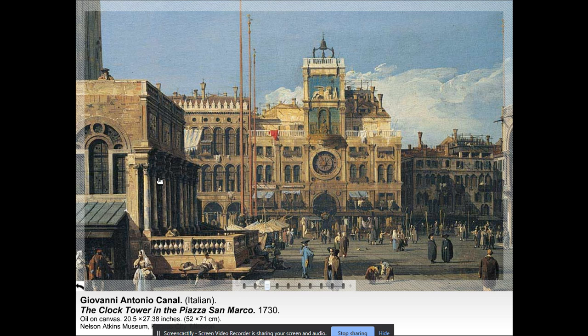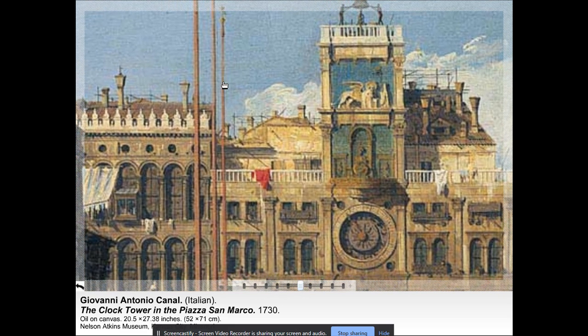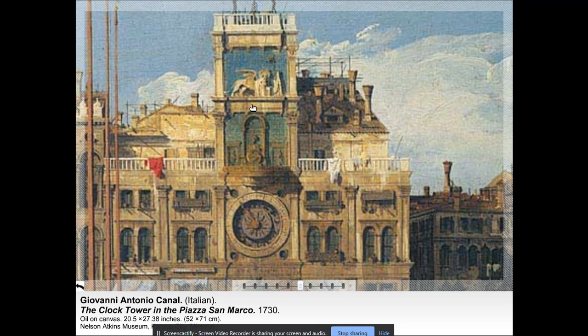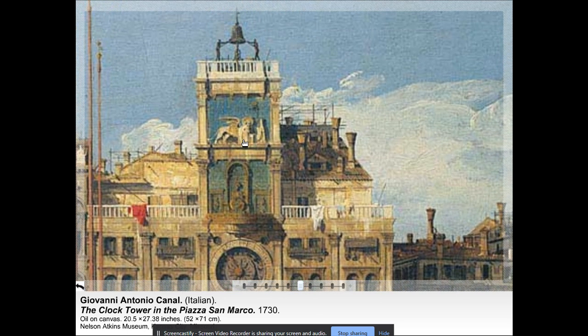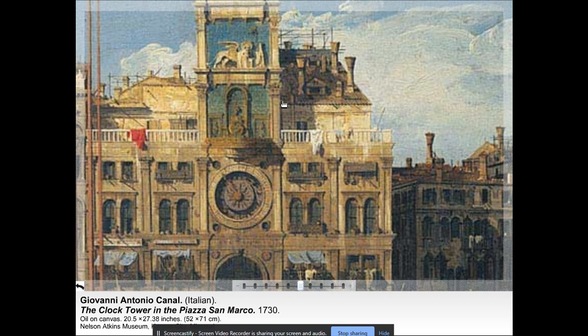The way that it's built has columns intermixed with half round windows, little round portico windows, some interesting designs like the little statues up here. You can't see it, but if you were to go on Google later on and look at it, you would be able to see all the different things that are in real life. You can see a picture of it. And then they have these carved relief pictures of different things up here. There's even a bell with two men ringing it up there.